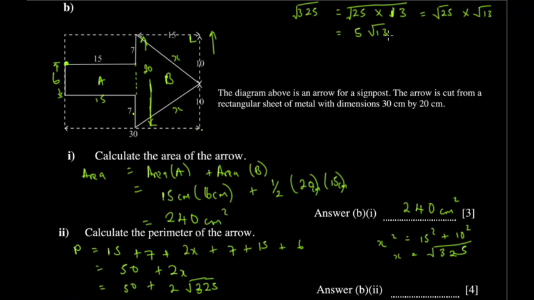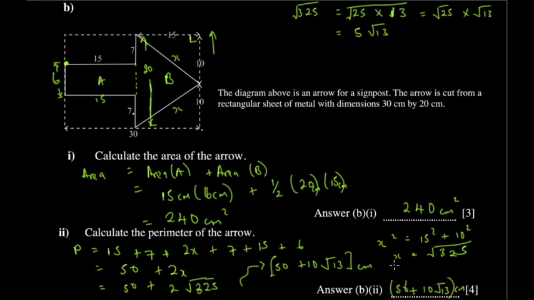So you'd actually get 5 square root of 13 in surd form. That means for this one, you get 50 plus 2 times 5, which is 10, square root of 13. You can put it in big brackets, then put your units, centimeters. So 50 plus 10 square root of 13 centimeters.